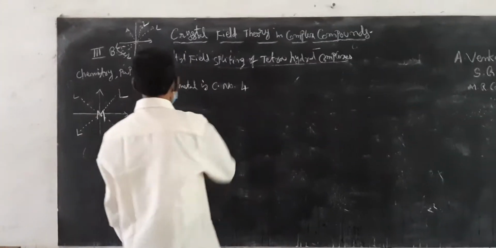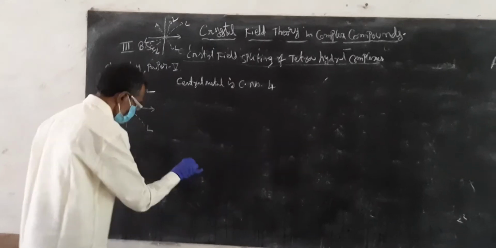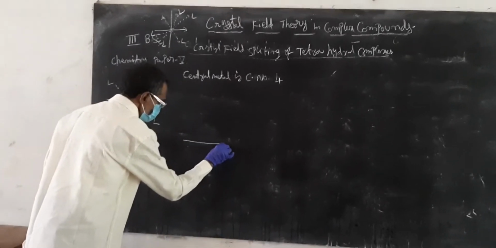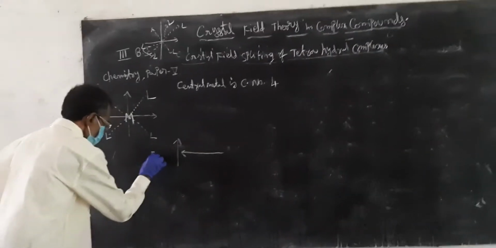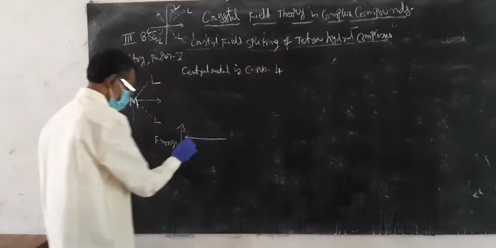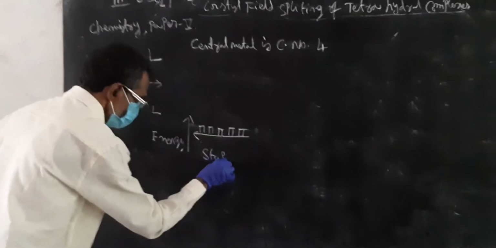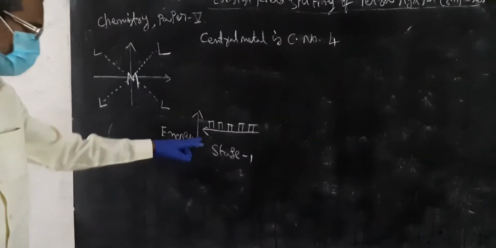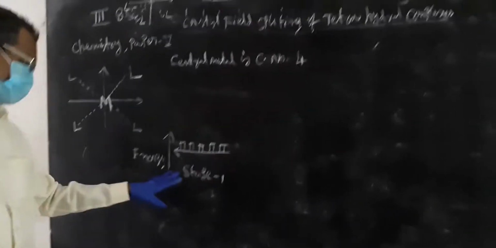Okay. So in tetrahedral complexes, on the energy diagram, stage 1 is the ground state. These 5 orbitals are at the same energy level, or degenerate orbitals.